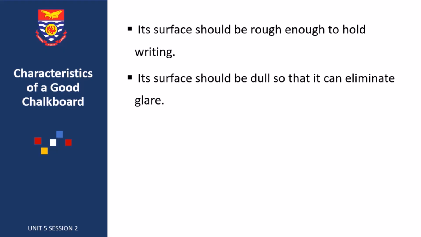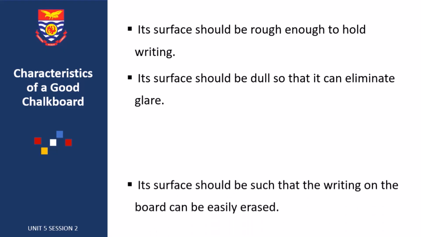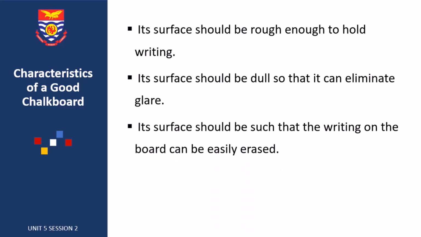Its surface should be dull so that it can eliminate glare. And then its surface should be such that the writing on the board can be easily erased. You would have some of the boards that after writing, when you even clean the board, then the blackboard becomes white and you can't write on it again unless it is darkened again.